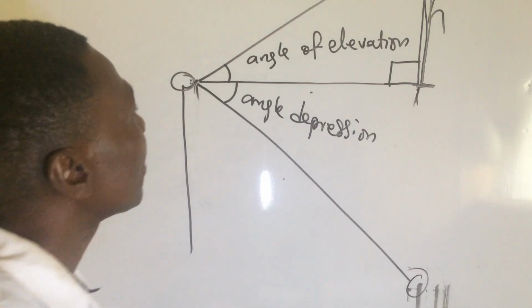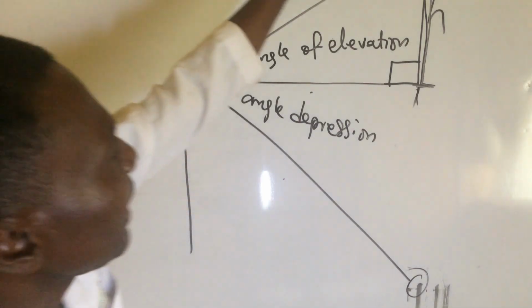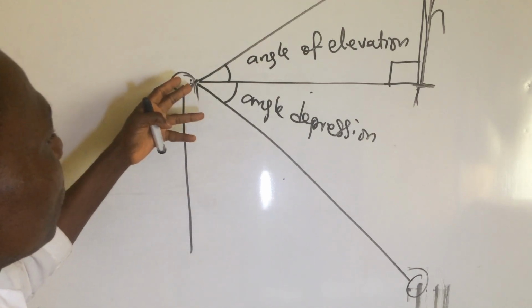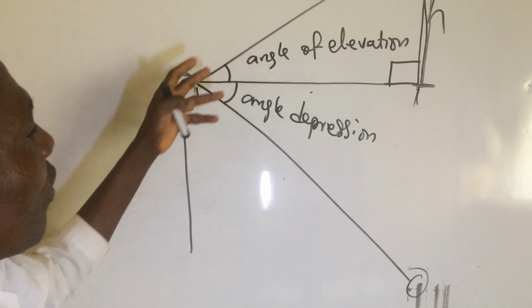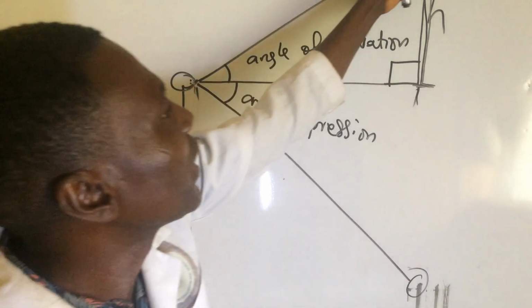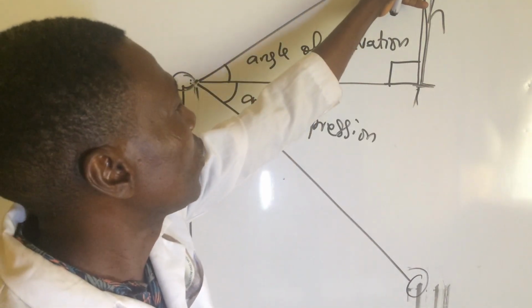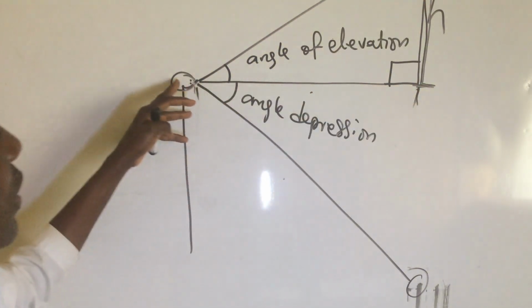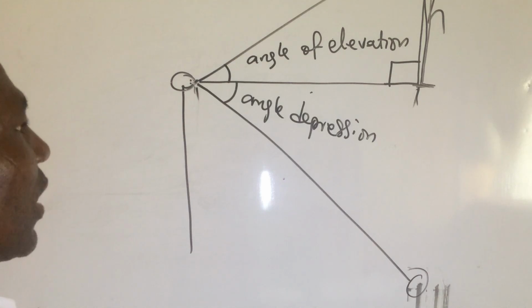We can also calculate the distance from this person to the elevation of the face of this man. We can calculate the height, or we can calculate the horizontal line.